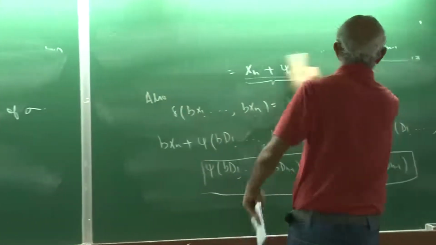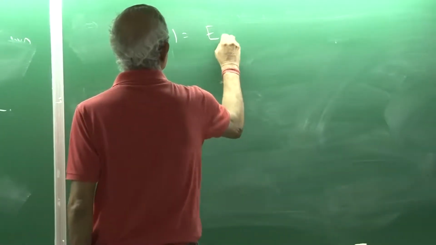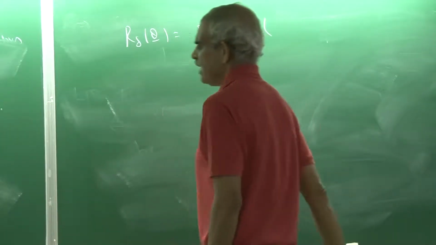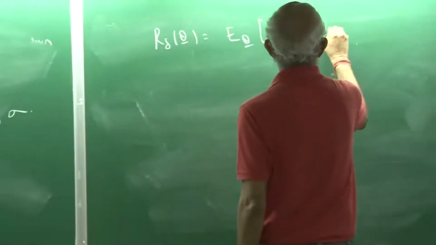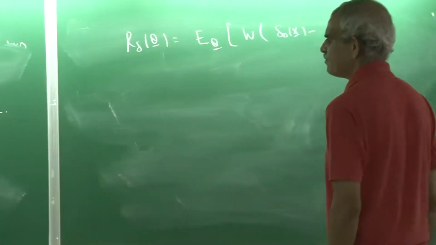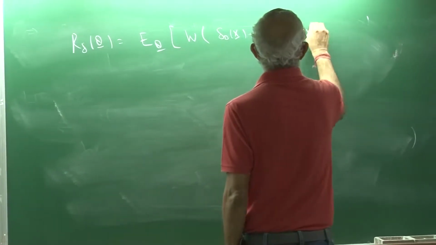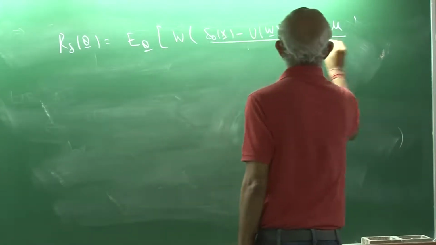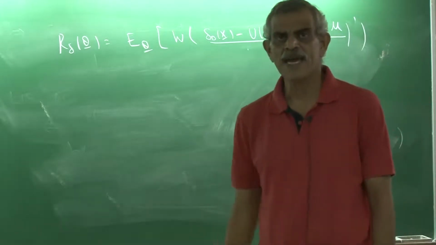Now once I have done that, what is the risk R of delta, theta? It is the expected value of W of delta, which is delta naught x minus uw delta 1x minus mu by sigma. Now note that G bar acts transitively.